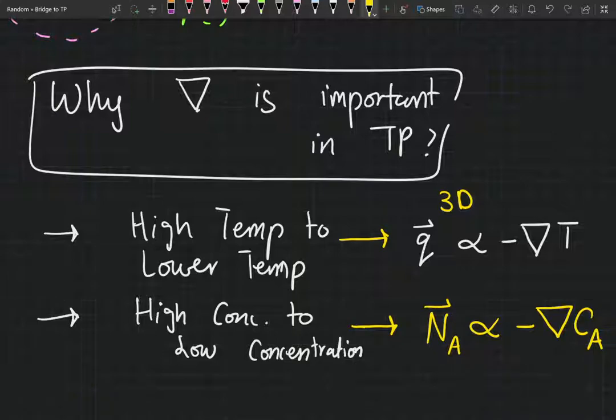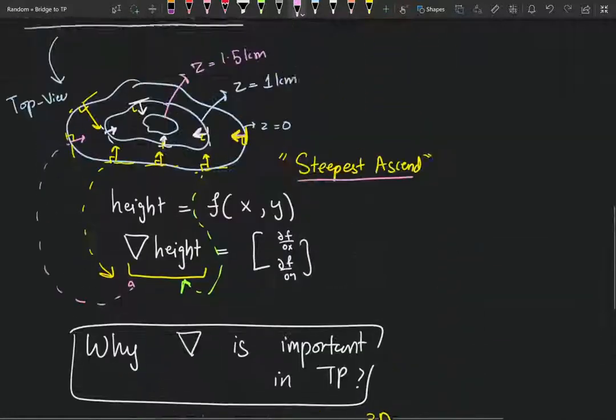Keep in mind, the gradient itself shows you the direction in which steepest change is occurring, and this negative right here shows you that we have to go down the gradient. Conduction, heat transfer is down the gradient, mass transfer is down the gradient. Just a quick recap.